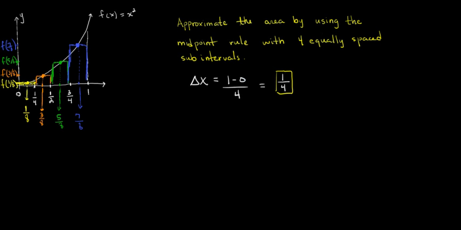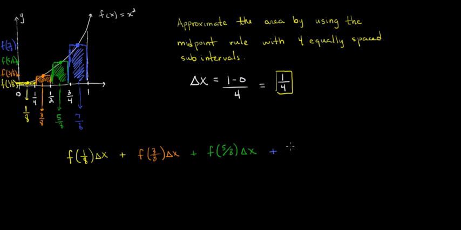To calculate this first area, it would be delta x times the height, so f of 1/8 times delta x, plus the area of the orange rectangle, f of 3/8 times delta x, and then plus the green rectangle, f of 5/8 times delta x, and finishing this off, plus f of 7/8 times delta x.